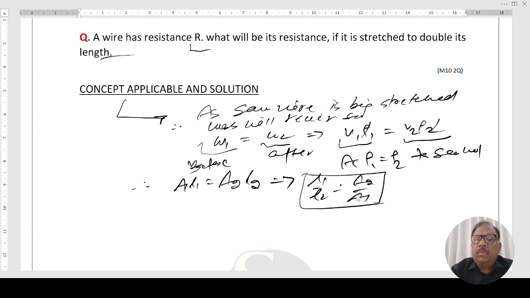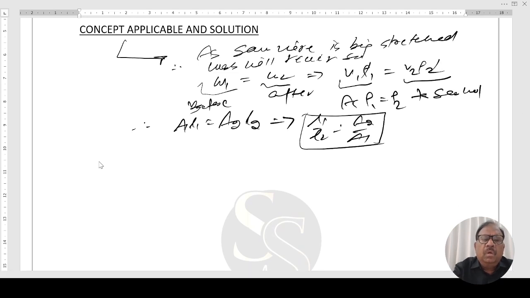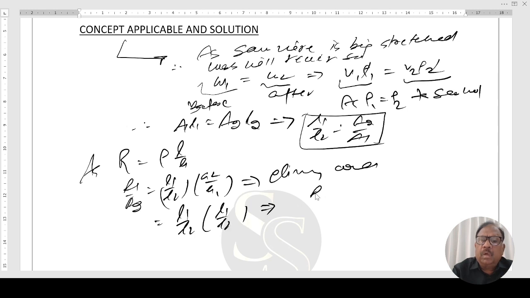Now, depending on the requirement of the question, we can find the relations. You know, as R equal to rho L upon A, therefore R1 over R2 equal to L1 over L2 into A2 over A1. Eliminating area, this comes out to be R1 over R2 equal to L1 over L2 whole square.